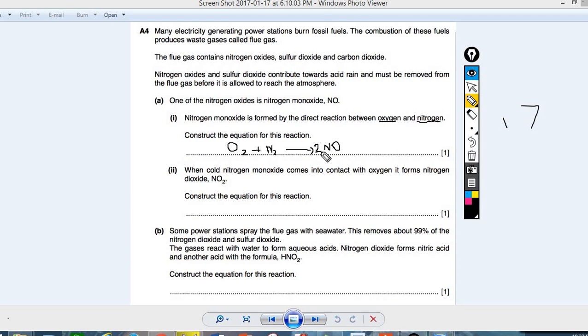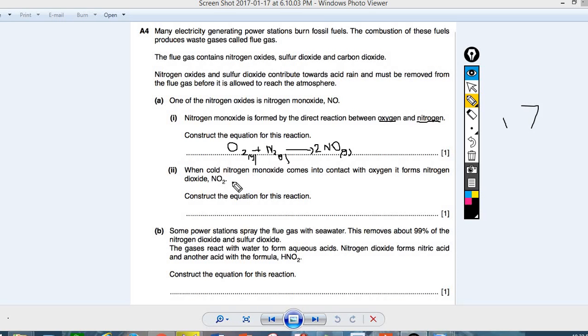It's not good to have half values as the coefficient, so you better write 2 here, and remember to include their physical state, which is the gaseous state in this case. Nitrogen monoxide is a gas, so is nitrogen, and O2 is also a gas. So you will get full marks for writing such a reaction with the physical states and a balanced equation.